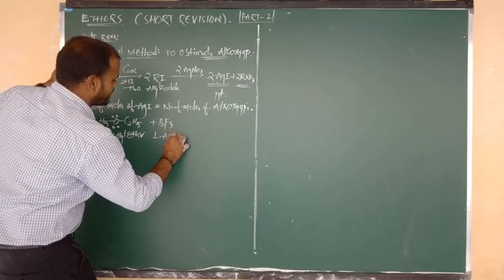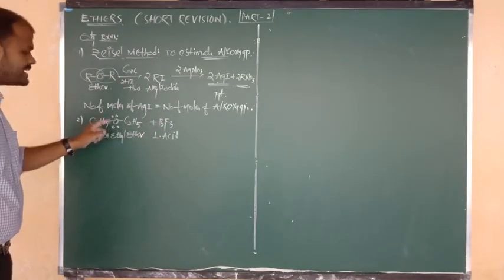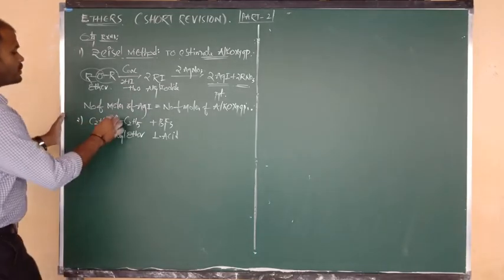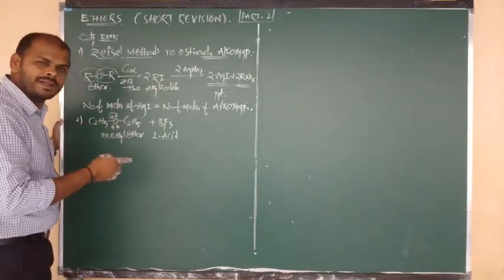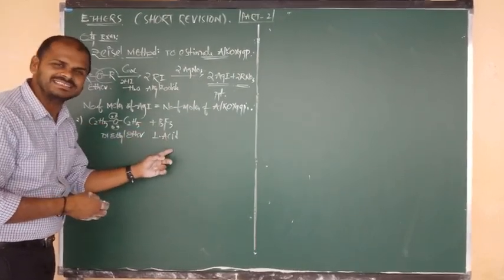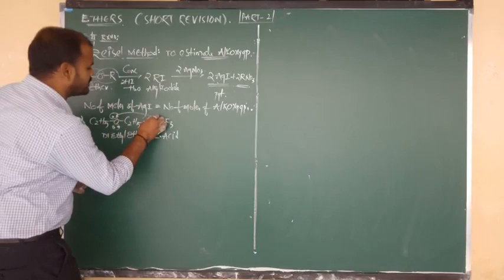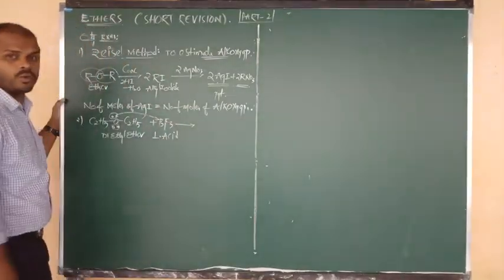It is going to act as a Lewis acid. But in diethyl ether, oxygen contains 2 lone pairs, na beta. So due to the presence of lone pairs, it is going to act as a lone pair donor, nothing but a Lewis base. But BF3 is nothing but a Lewis acid. So from donor to acceptor, we are going to form a coordinate covalent bond.